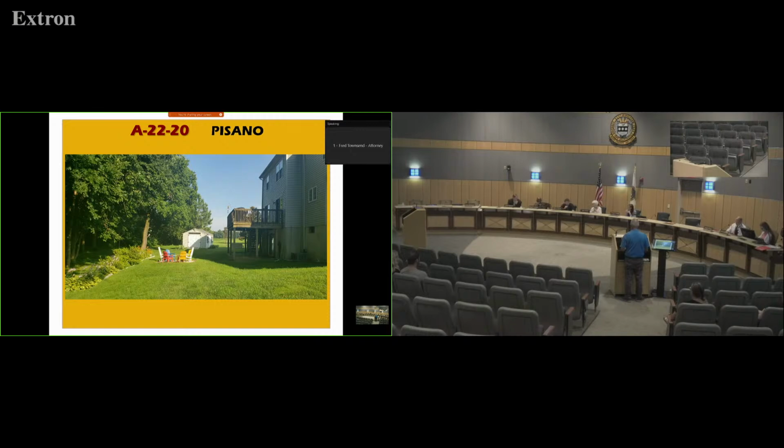Can you describe the reason why you wanted the screen porch? Any hardship? I'm not quite sure what you understand by hardship, but let me explain. It's a swamp in the back. When we like to sit out there in the summer months, we're swamped with mosquitoes, snakes, frogs, turtles, and all other kinds of wildlife.